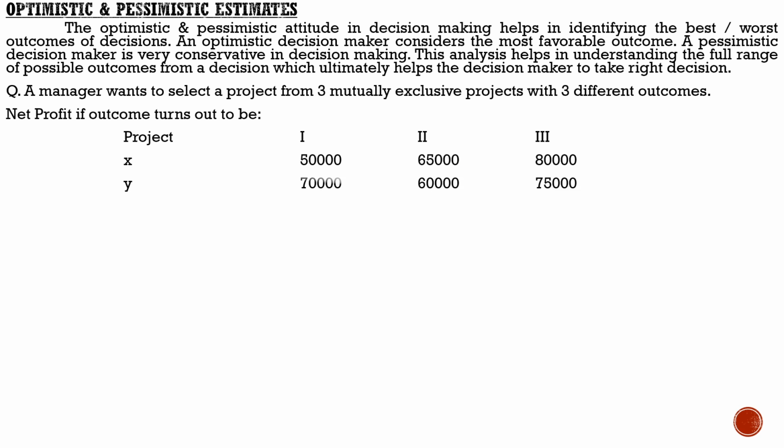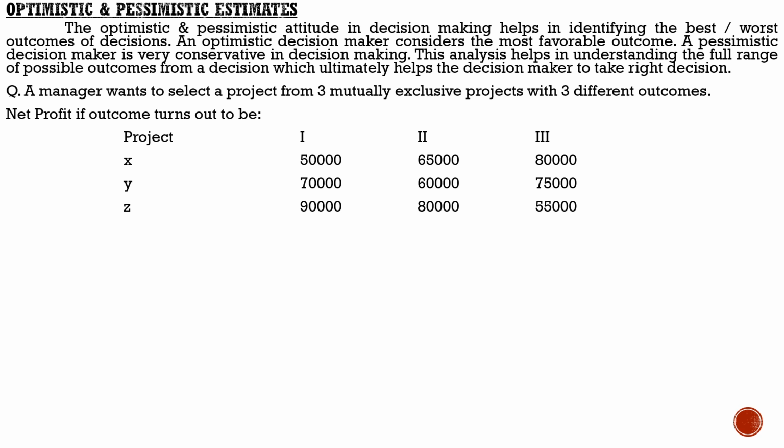For project Y also, three outcomes are given: 70,000, 60,000 and 75,000. And project Z also is given 90,000, 80,000, 55,000. So if you check the amounts, you can see that for project X, certain amounts are high, some are low. So higher may be assumed as optimistic, lower as pessimistic.